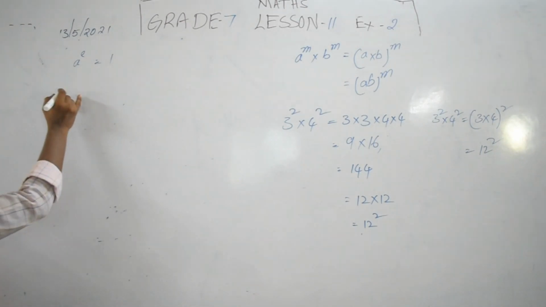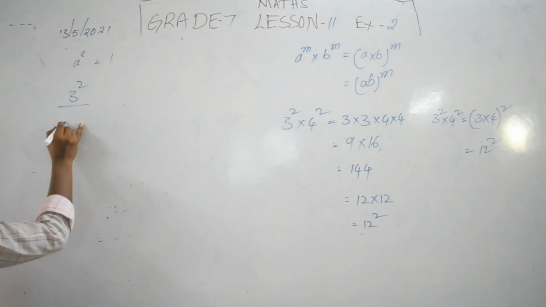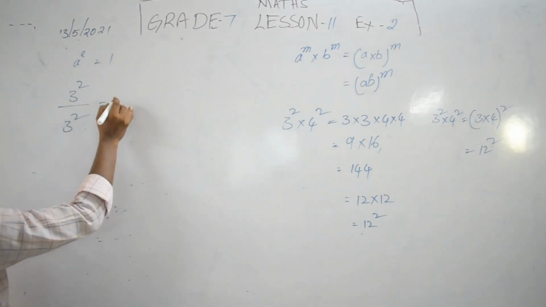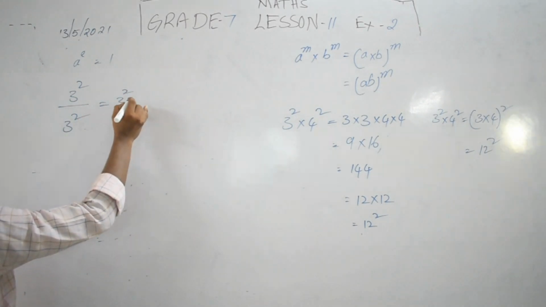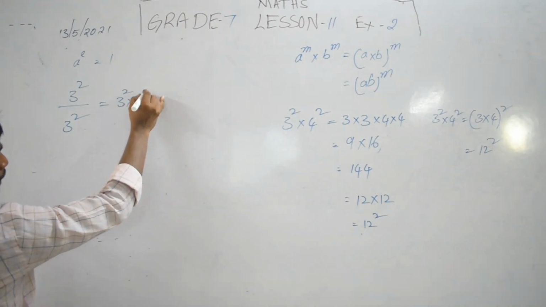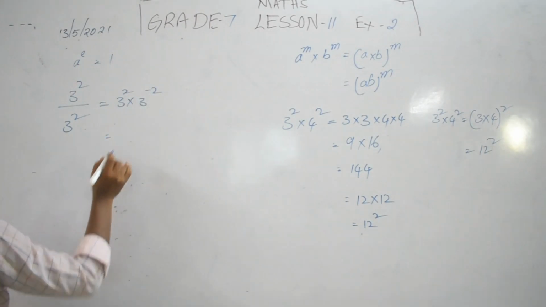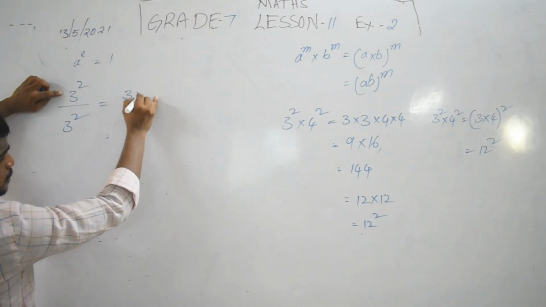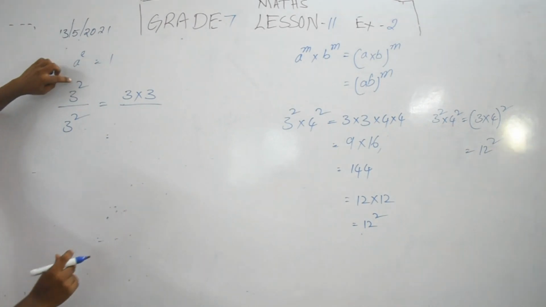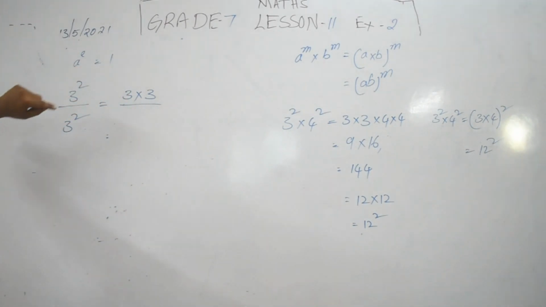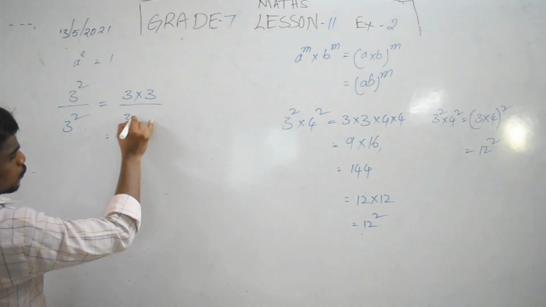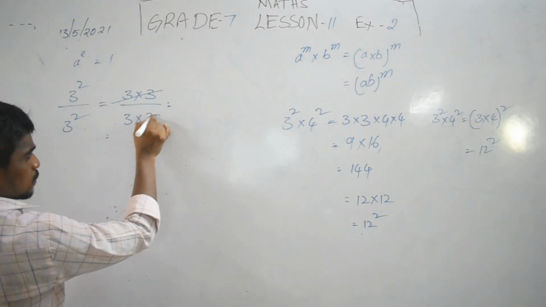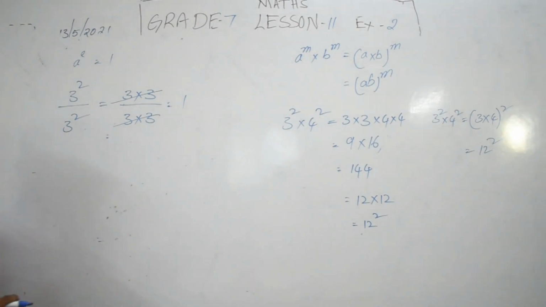Here see, 3 square times 3 power minus 2. By the expanding method, 3 square times 3 square, 3 is multiplied 2 times. So how much here? 2 minus 2 is 0, the 2 threes cancel, giving 1.